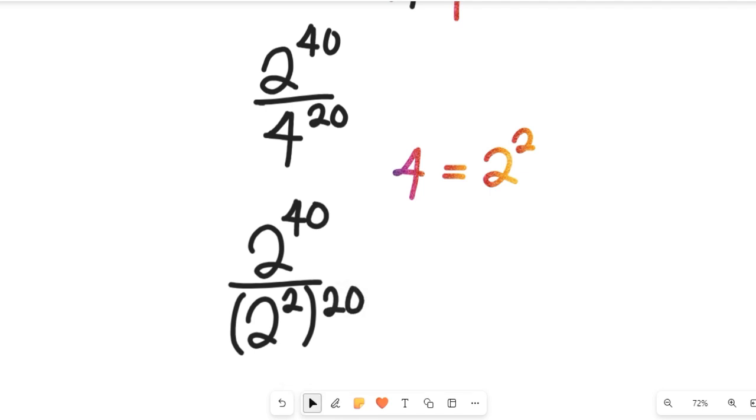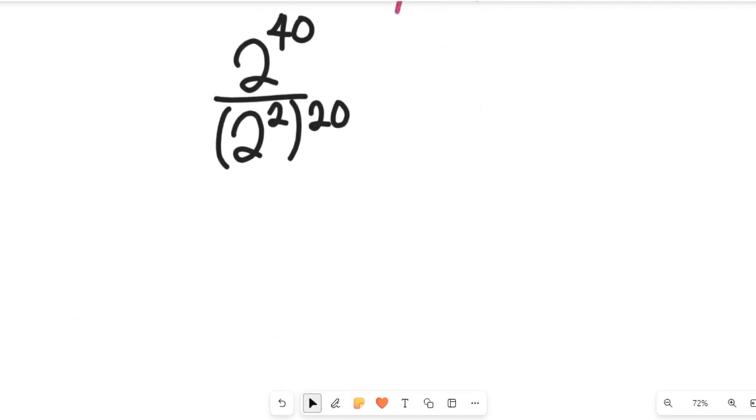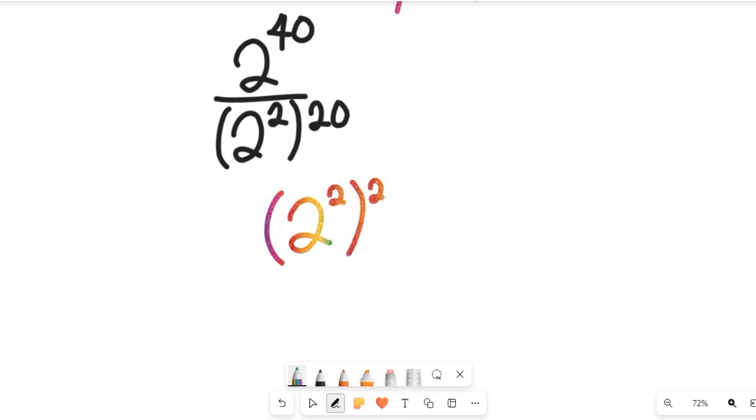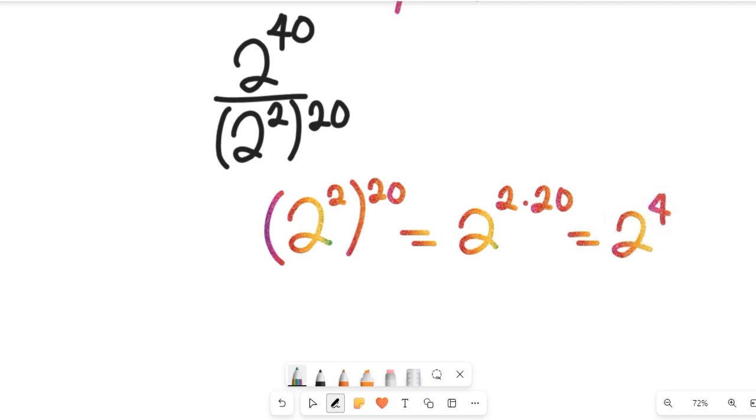Now you see that I'm simply going to use the laws of indices to still simplify this. From the law of indices, if you have 2 to the power of 2 multiplied by 20, what is it going to give you? That exactly is going to give you 2 to the power of 2 multiplied by 20, and this will be equal to 2 to the power of 40, right?